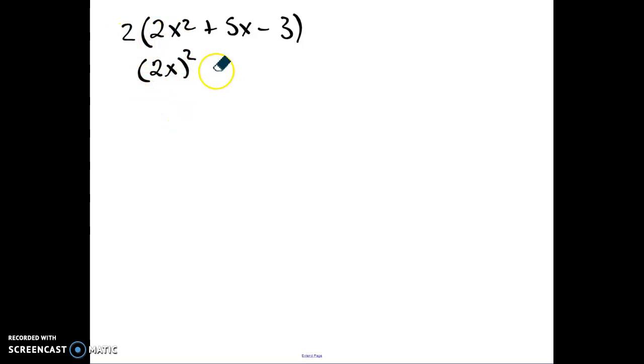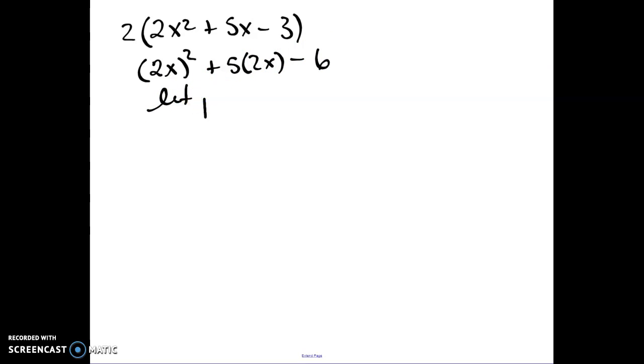So this was just one method to solve this. I can look at another problem and do the same thing: 2x squared plus 5x minus 3. I'm going to do that same trick. I'm going to multiply the whole thing by 2 to force a perfect square in my first term. So I would end up with 2x, quantity squared, plus 5 times 2x minus 6.